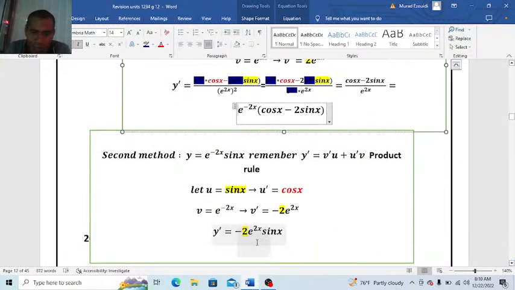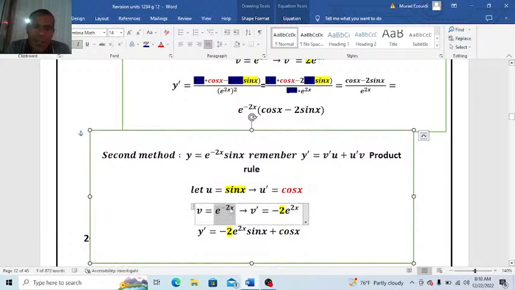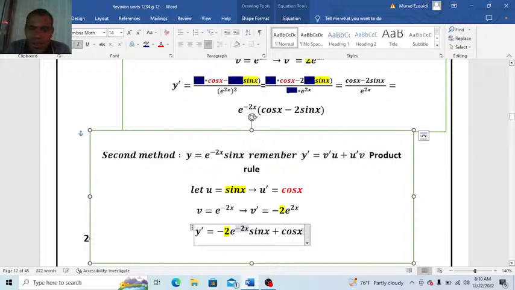We have minus 2 exponential minus 2x sine of x plus u dash, which is cosine of x, multiplied by my original exponential minus 2x.